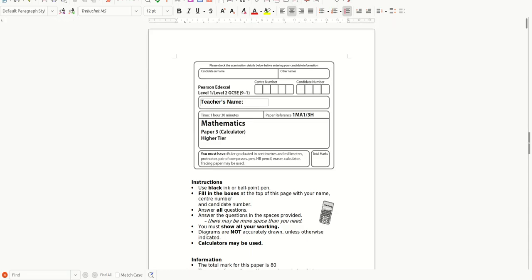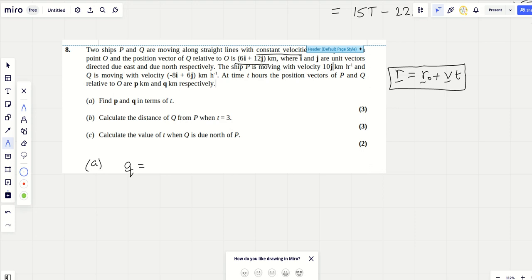No, that's GCSE, I think. Apologies for this. I'll be with you in 1 second as soon as I find the question. The ship P is moving with velocity 10j and the ship... Oh, right, okay.